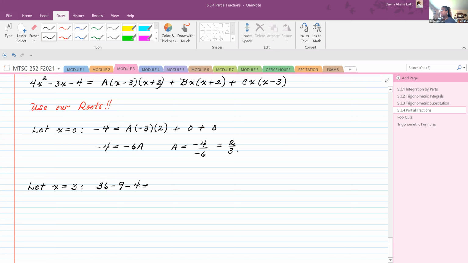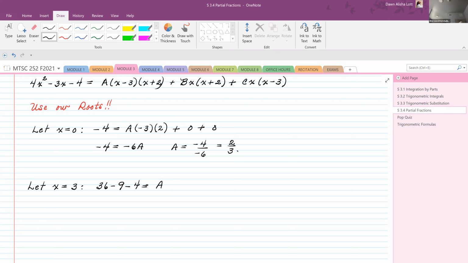Okay, so now what do I get on the right-hand side when I put in x is equal to 3? 23? Wait, hold on. Oh, you're talking about the left-hand side. Oh, yes.